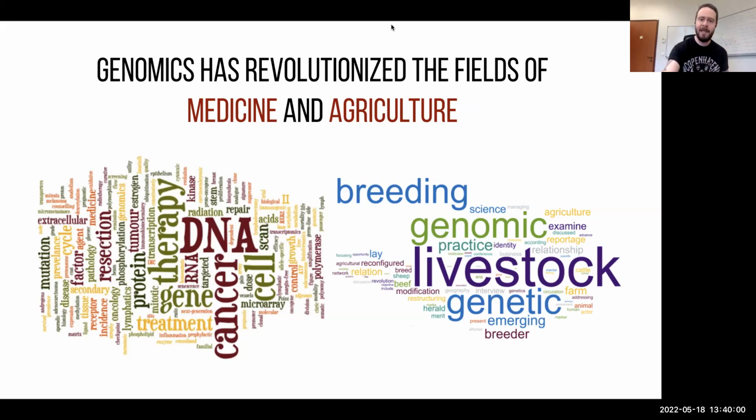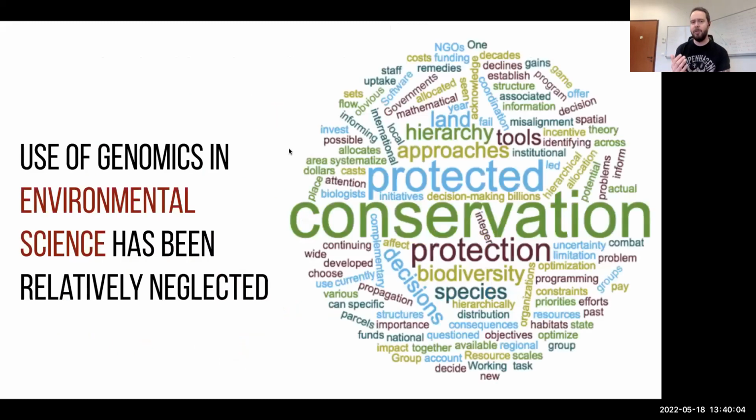What has not really been emphasized much in this genomics revolution is, of course, environmental science, and it has been relatively neglected. I don't mean that genomics is not being used in environmental sciences or conservation biology. It is, and we'll get to that, but it's not at the same level as we see in the agricultural and medical sciences.